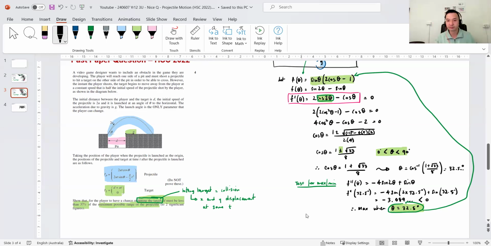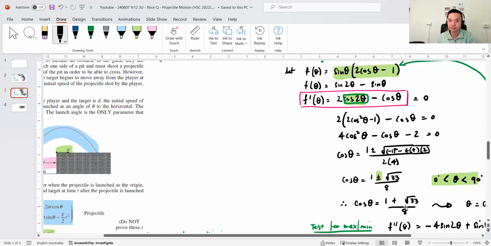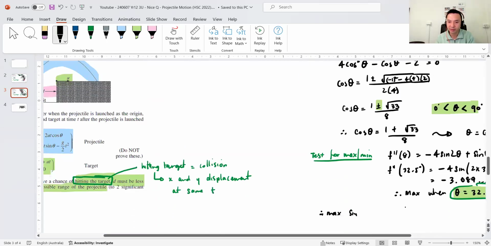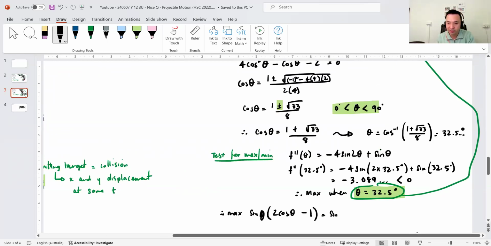Therefore, conclude the max value of sine theta, 2 cos theta minus 1, equals, so on your calculator, if you punch in sine 32.5 degrees, 2 cos 32.5 degrees minus 1, guys, can you do it for me? Pretty sure you get 37%. Make sure that happens.